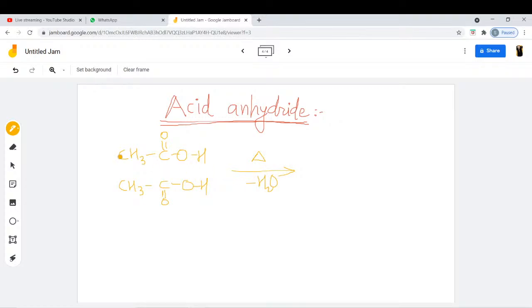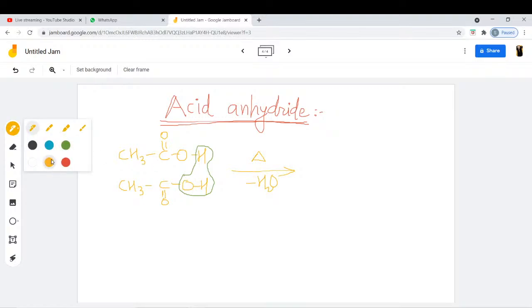See, listen here, removing OH from one place and H from another, so H2O is removed. See the H2O. So the carbon having this bond is directly attached to one of these oxygens.